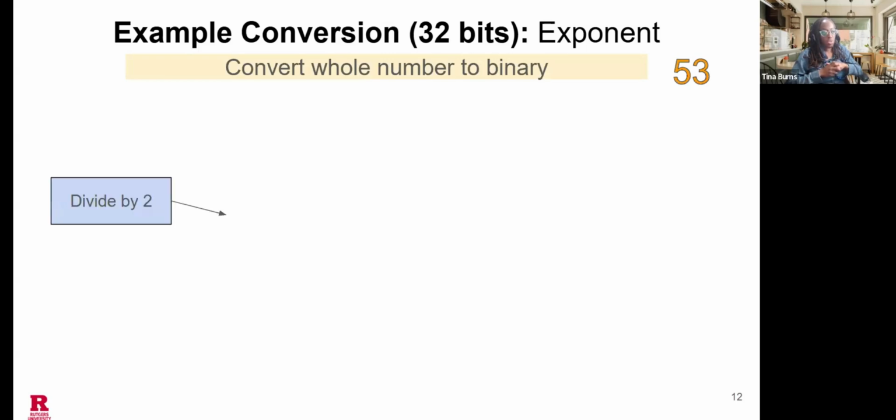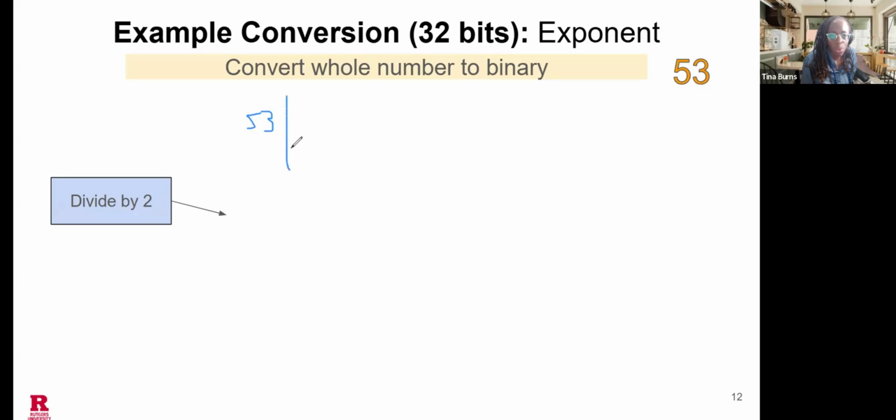One method you can use to convert this is you can take your number and basically divide it by 2. So I'm going to write it out here. Let's make this blue. All right, let's say we have 53 here. This is going to be what happens when you divide it.